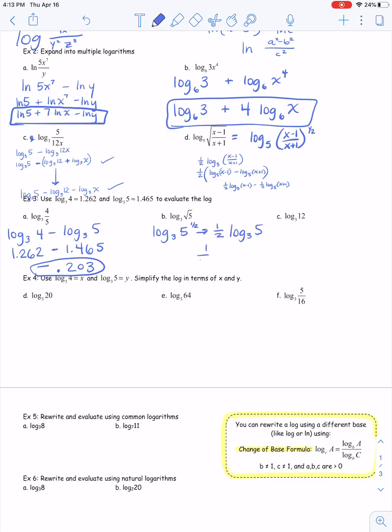So that's really 1/2 of the approximation 1.465. So again, simple math, but you still have to use your brain a little bit. Or if you want to cheat and put that in the calculator, I guess that's fine too. Who am I to stop you? But half of this we know is going to be 0.7325.